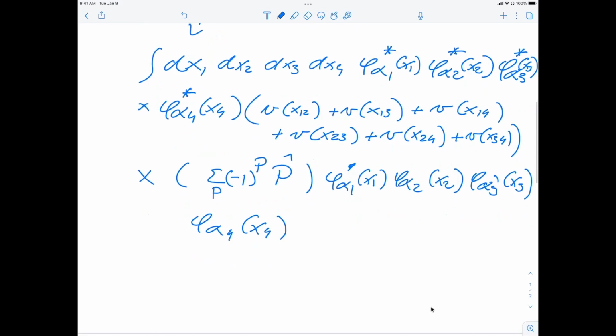Okay, so if we look at the first term, it's going to contain 1, and then it's going to be a minus P12, minus a P13, etc., where we have done all the permutations.